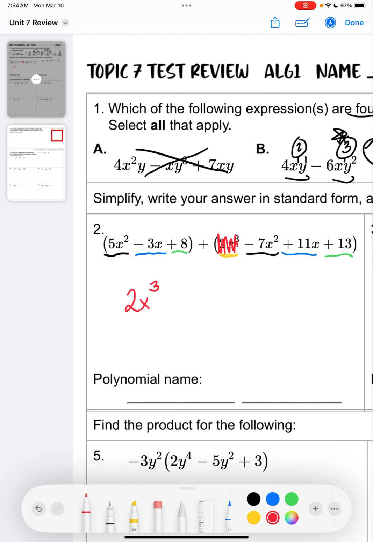Next is going to be the x squareds. I have a 5 minus 7, so that's going to be negative 2x squared. Next is the x's. I've got negative 3 plus 11. That's 8. And then for numbers, I have 8 plus 13, which is 21.